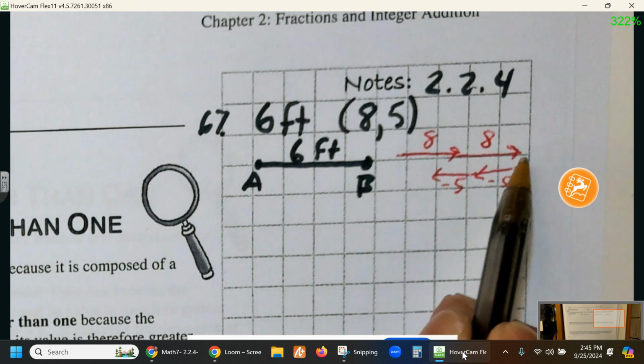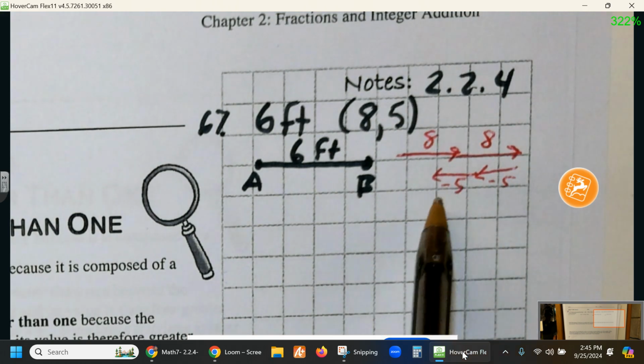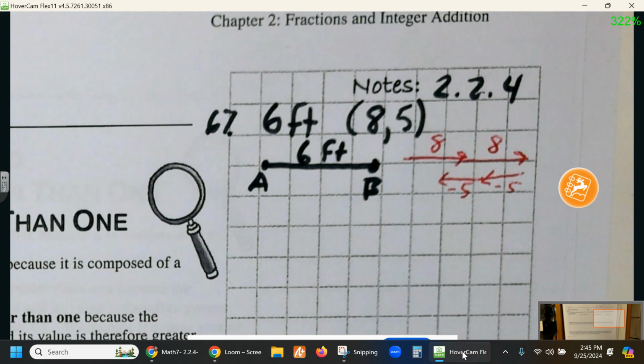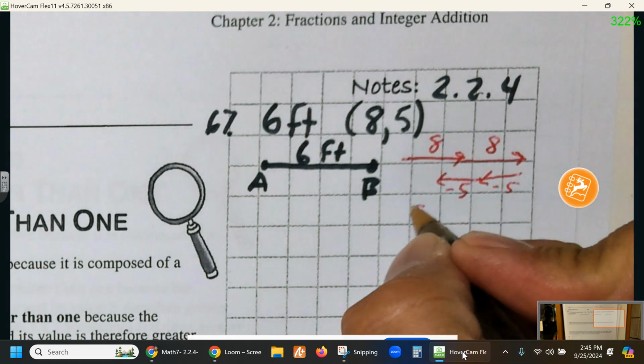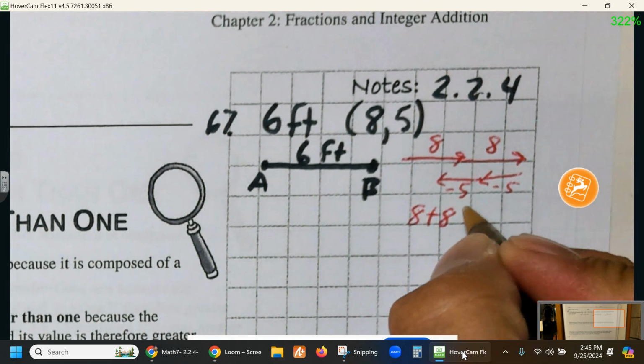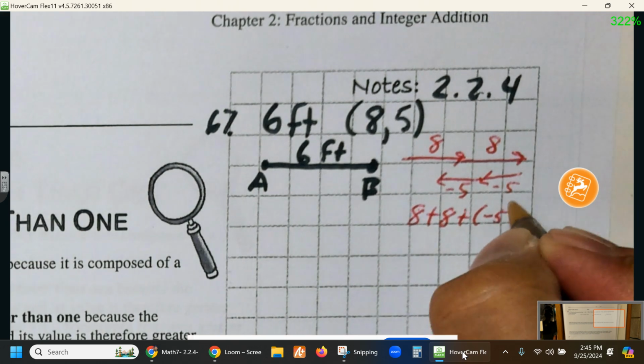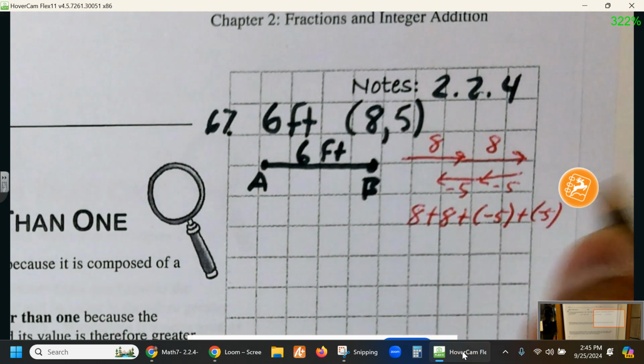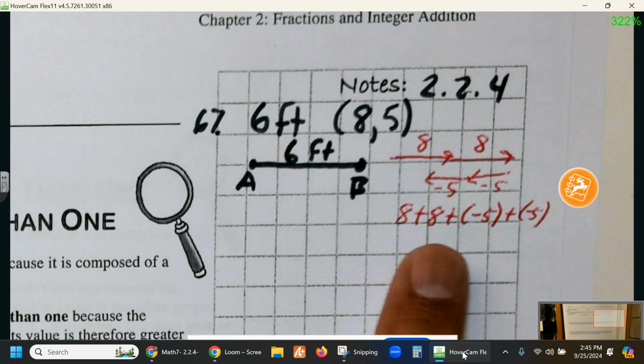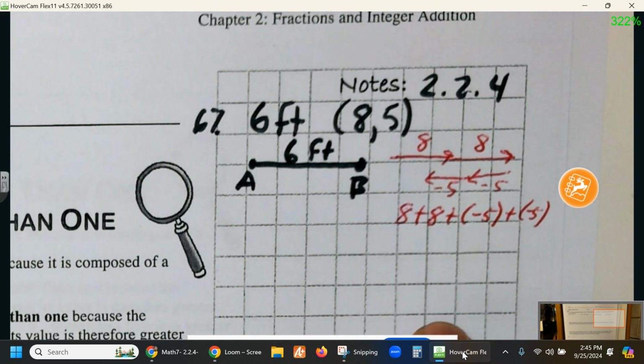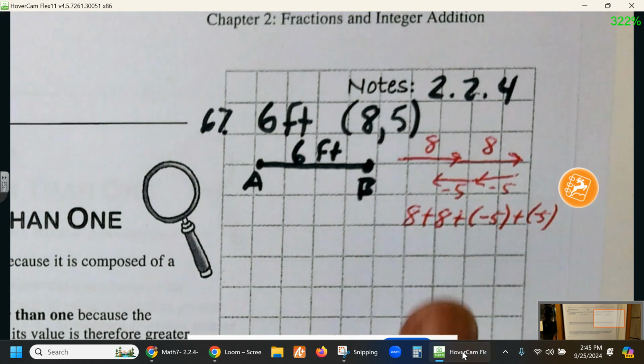Okay, so that means we had gone 16 feet to the right, 10 feet to the left, and that expression would be 8 plus 8 plus -5 plus -5. And this expression would get a 6. Is there a different way that we can write this?